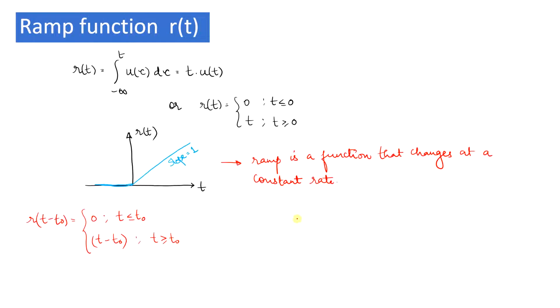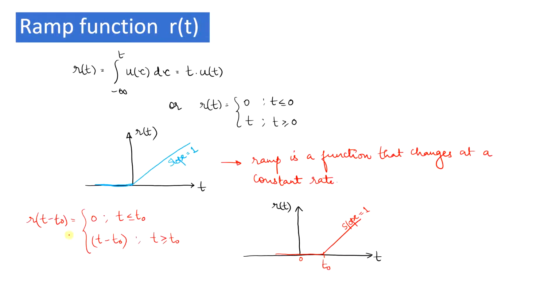If I need to represent the waveform, this will be the signal which is delayed, with the slope equal to 1, and this duration is t naught.